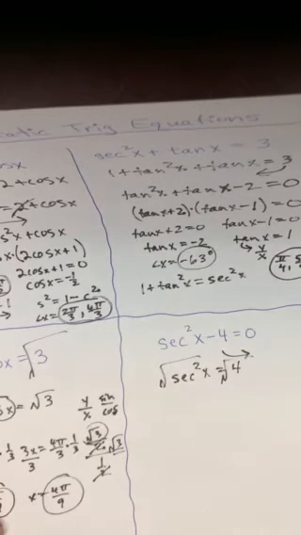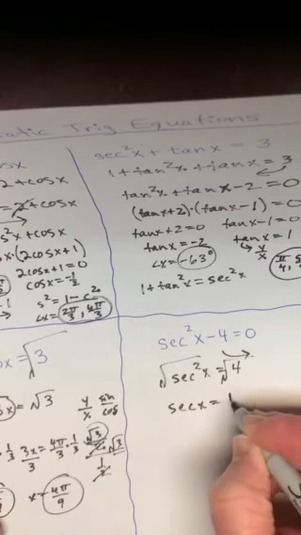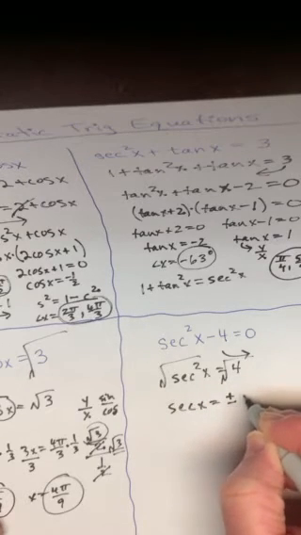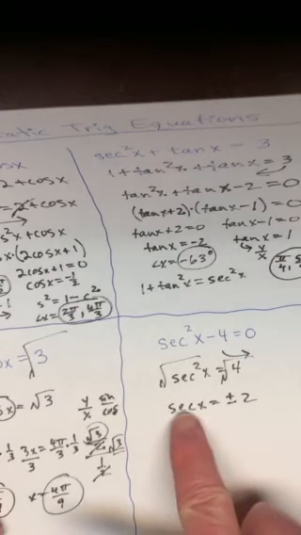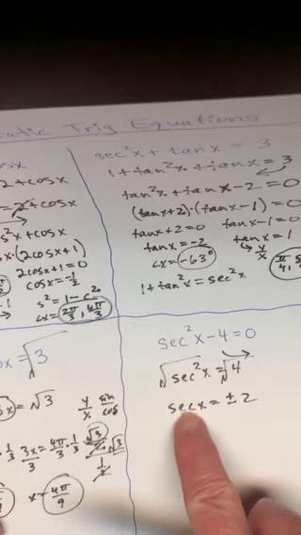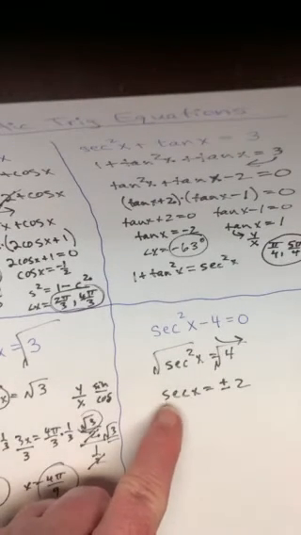Square root both sides, and secant x would be what? Plus or minus, and of course the square root of 4 is 2. Now technically, remember, that says secant. We don't like the word secant. We like our three main words: sine, cosine, tangent. So what do we do?